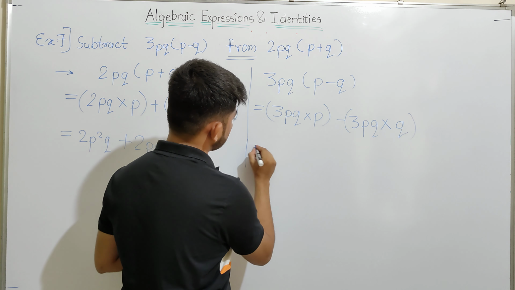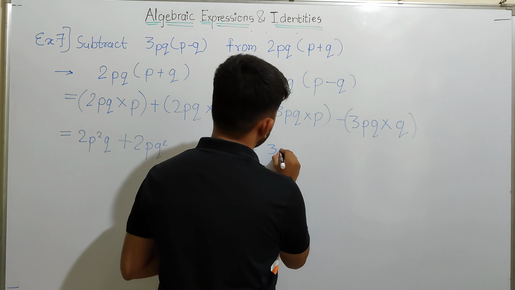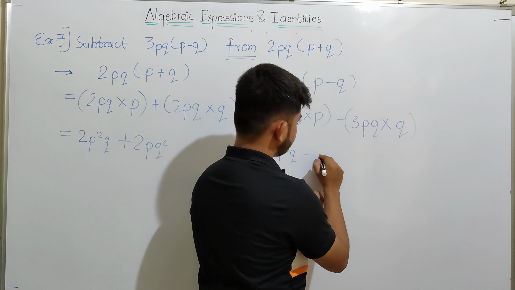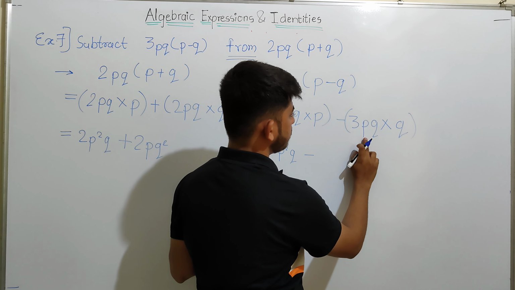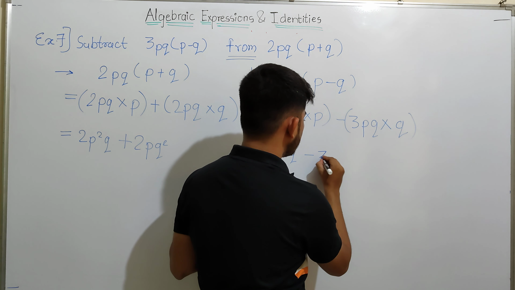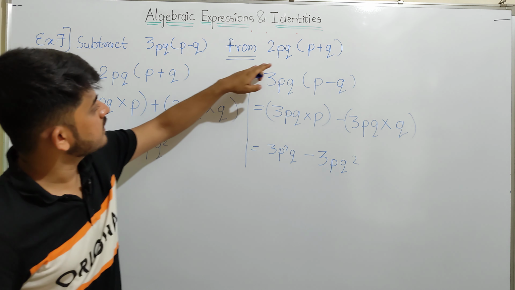Now the second term: 3pq into p is 3p²q, minus 3pq into q, keep the minus symbol as it is, pq into q is pq², so 3pq². Now this is the simplification with the help of the distributive law of these terms.